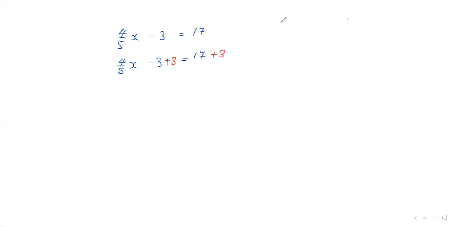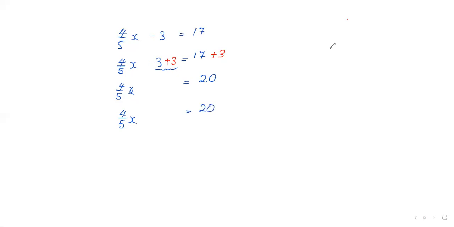What you do on the left, you do on the right. So that will be 4 over 5x. A number and its additive inverse sum to 0. 3 minus 3, nothing remains, but 17 plus 3 is 20. Now you have 4 fifths x is equal to 20.